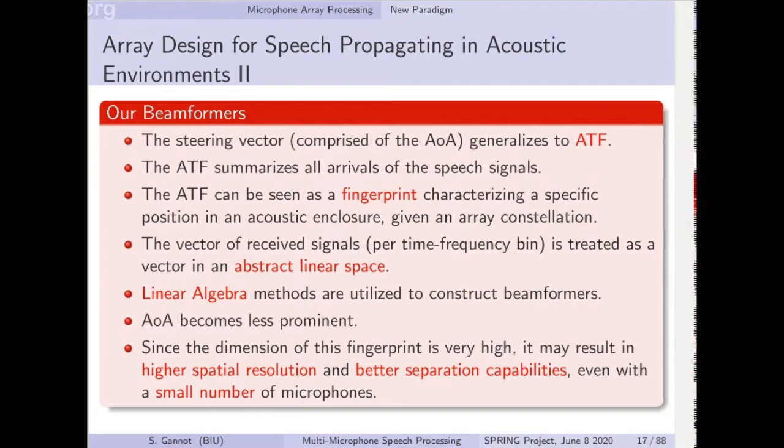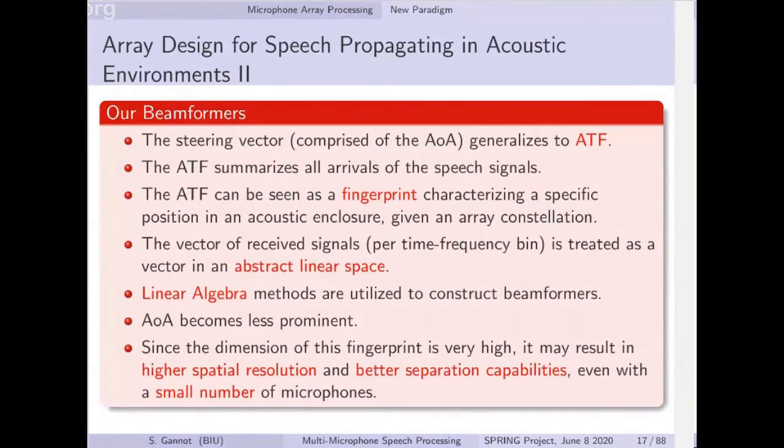As I mentioned in the beginning when I showed some beam patterns, the beam pattern can be quite wide. This is due to the limitation of the array size. But the fact that we use a lot of reflections improves the resolution a lot, and this fingerprinting concept will allow us to design beamformers which have much better resolution with fewer microphones.